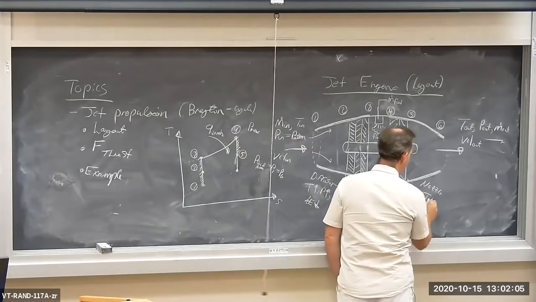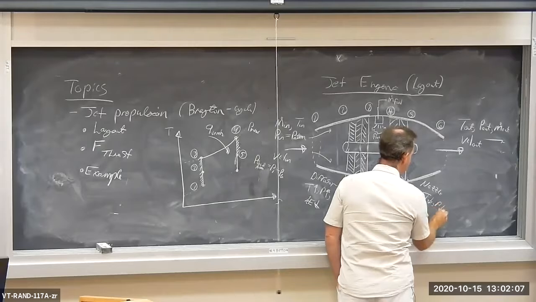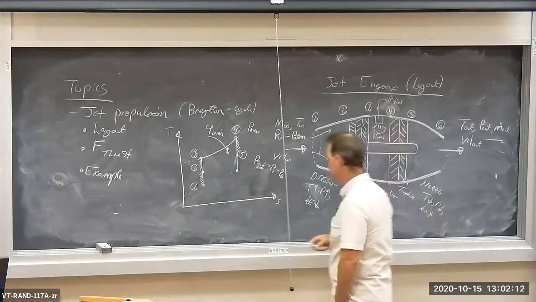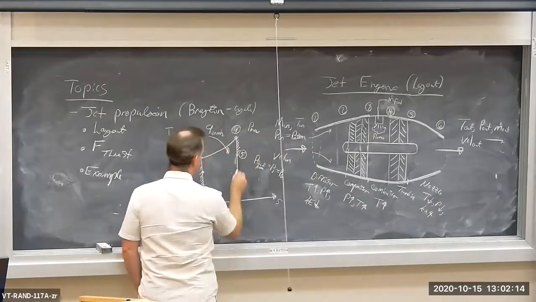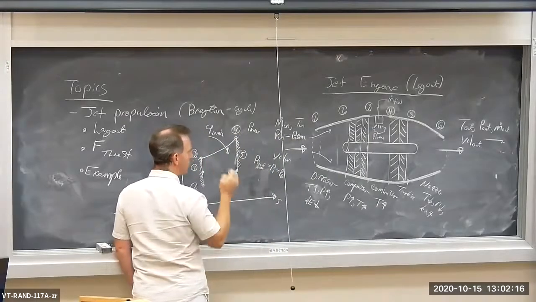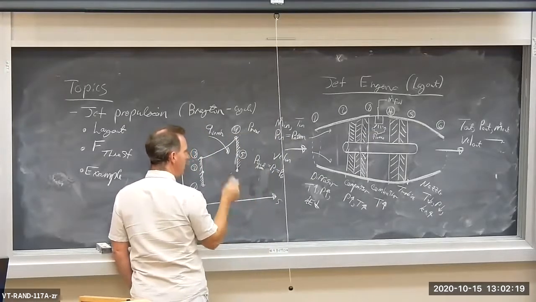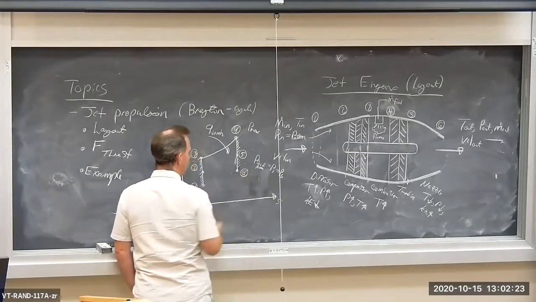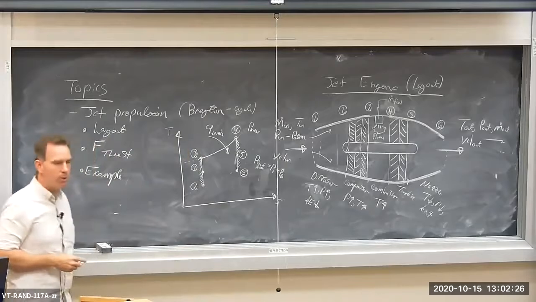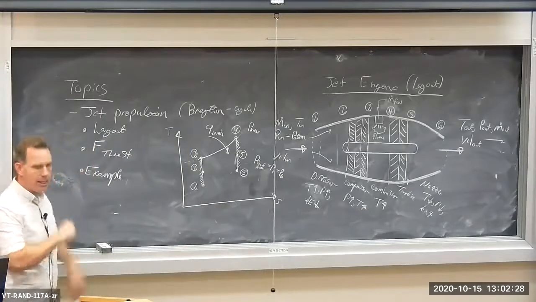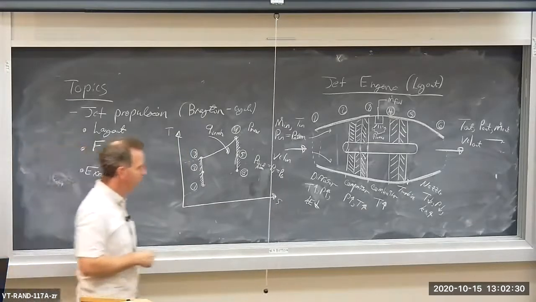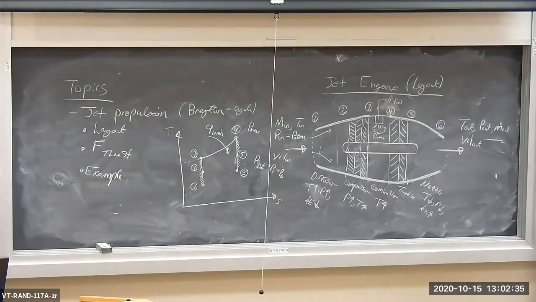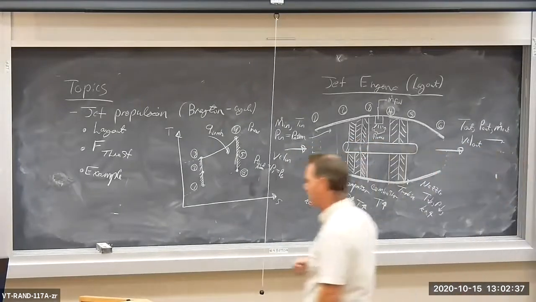Temperature goes down in the nozzle, pressure goes down in the nozzle, and kinetic energy goes up. If it's reversible in an adiabatic nozzle, then we have an isentropic expansion process. So we're accelerating the flow by letting it expand, allowing it to accelerate.